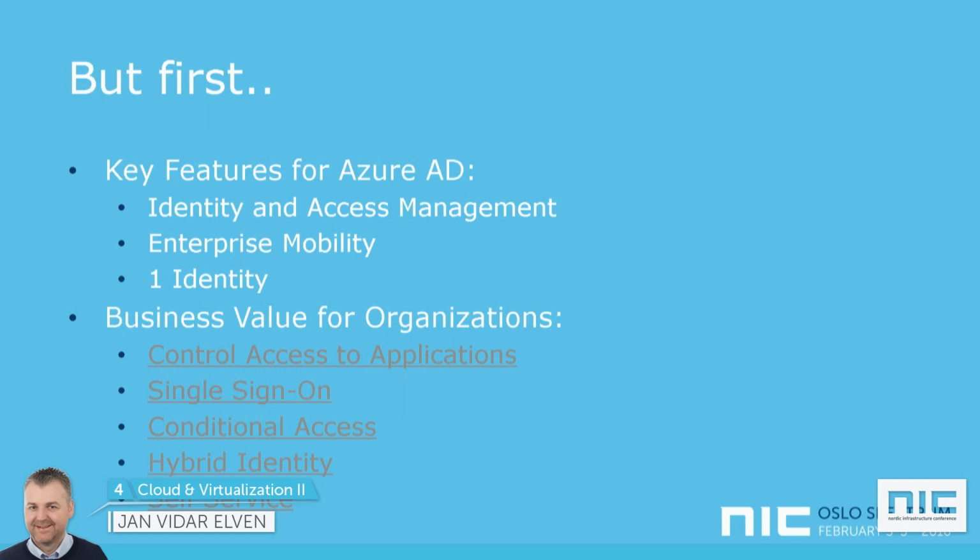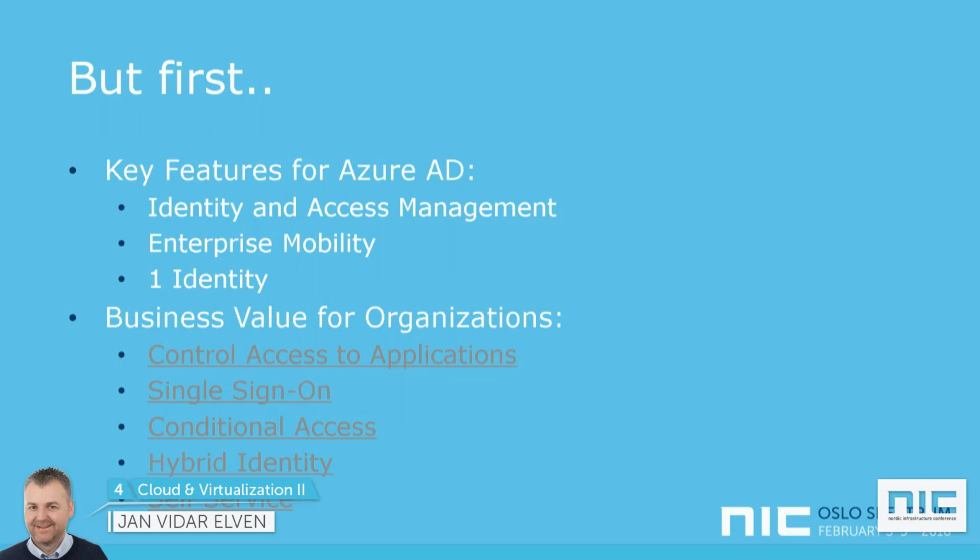It is running in Azure, of course, and enables a lot of the other scenarios and functionality we are talking about. For example, enterprise mobility, a key enabler for enterprise mobility. Because in mobility, it's all about users and the devices they use, and the applications they access, and the data that they access through those applications.